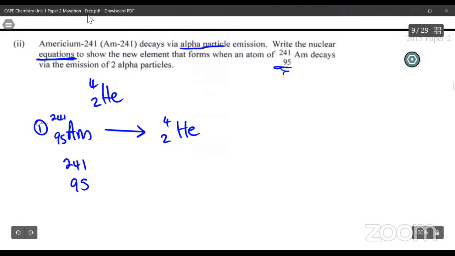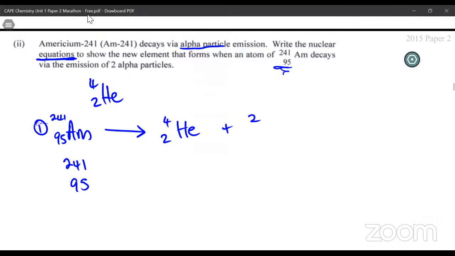So you know that this is going to be plus. What you want to ask yourself is, what plus 4 gives you 241? That's why you actually subtract 4 from 241 when a particle undergoes alpha decay. So 241 minus 4 gives you 237, and that would be the new mass number.